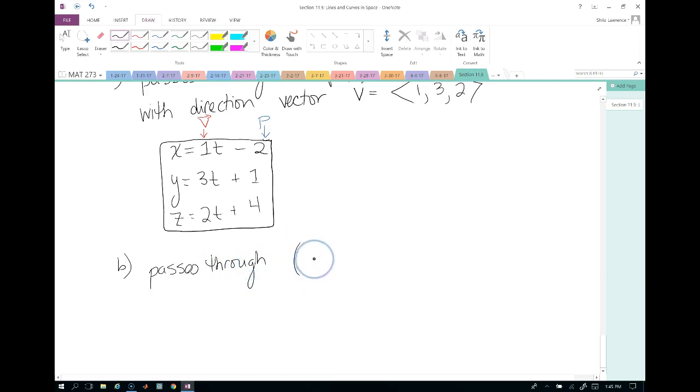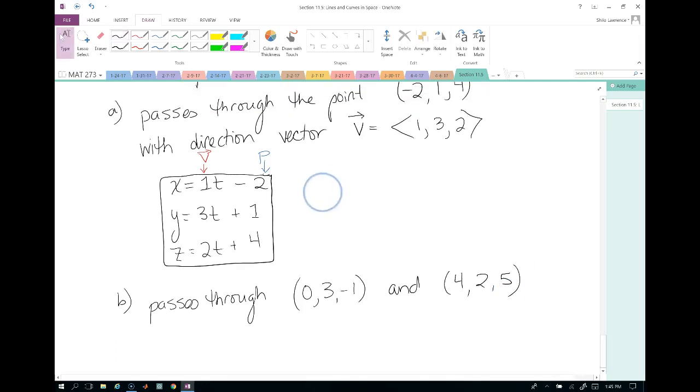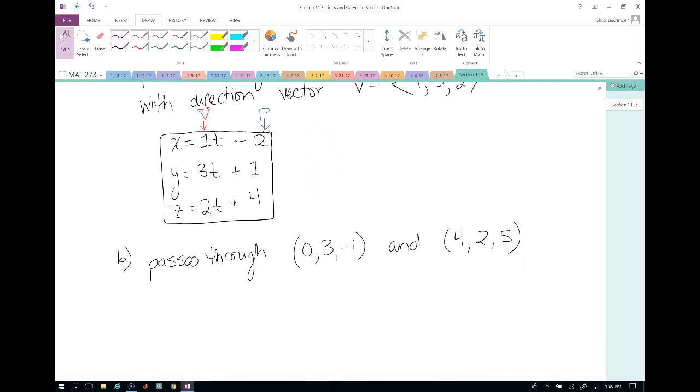So let's say it passes through (0, 3, -1) and (4, 2, 5). So remember the two pieces of information that you need to write the parametric equations for a line in space. You need a point. Well, we've got that.